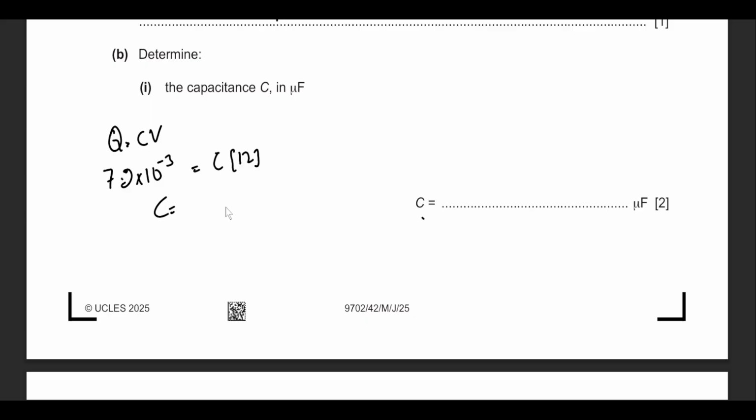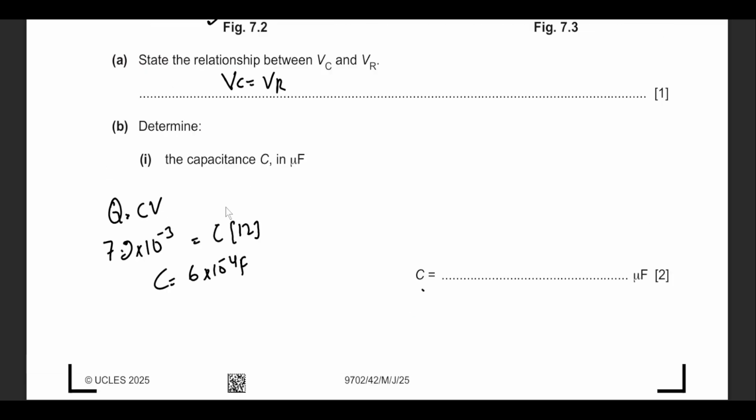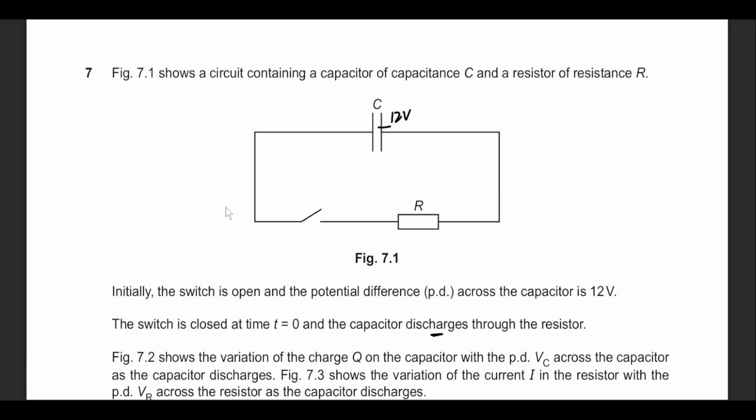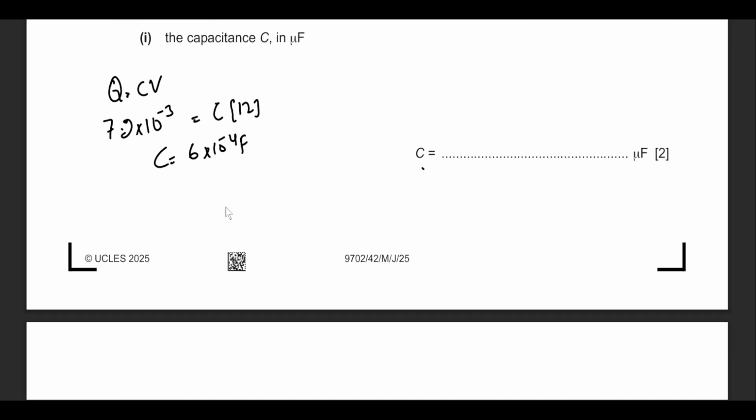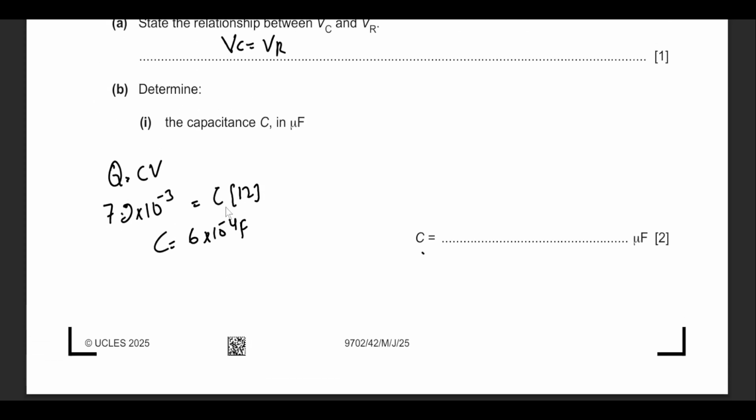The C comes out as 6 into 10 raised to the power minus 4 farads. You see where the 12 actually comes from is the battery, and this is that initial condition. It's not shown, but there is one. So this will be 600 into 10 raised to the power minus 6, as mentioned here by the examiner already. So you don't have to write down the 10 raised to the power minus 6.